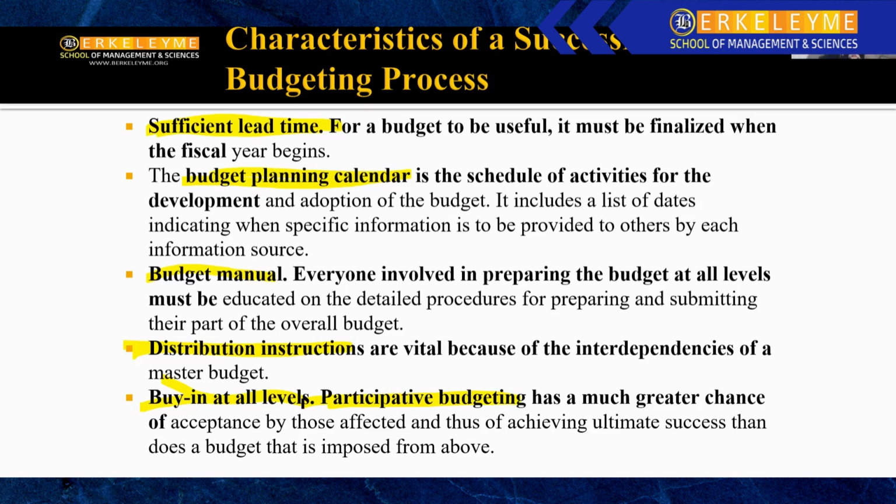Bottom up means we start at the lowest level to discuss and then go upper, and they agree on certain things and management approves them. When you do bottom up, because everyone was asked and involved, they feel more and more connected with it. So that's how participatory budgeting is better than the other one.